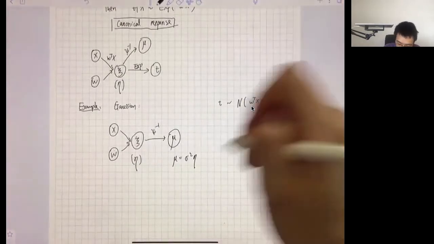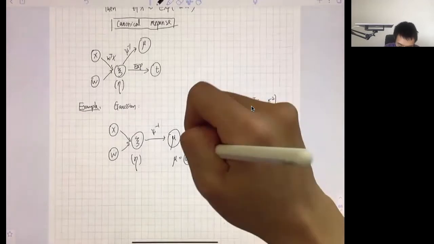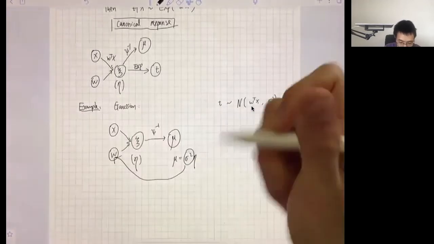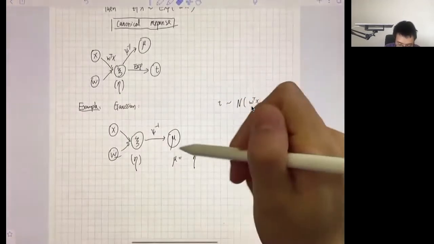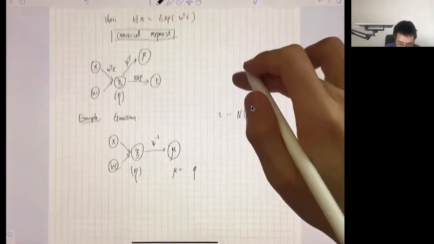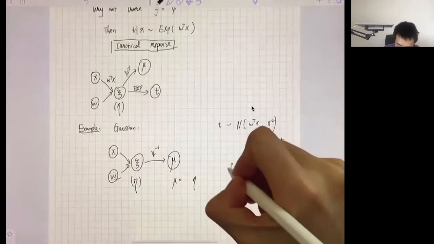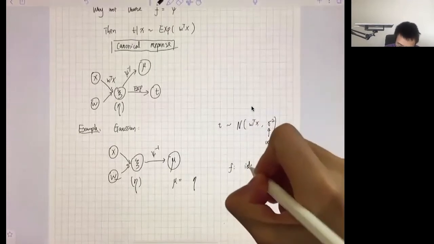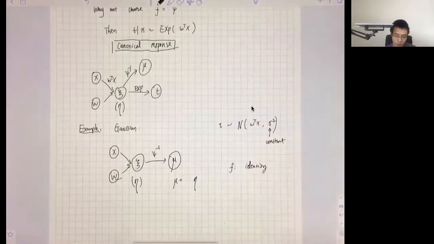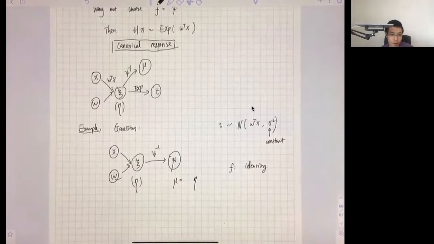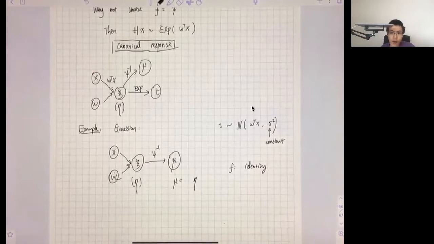Then sigma squared is a constant. Why not absorb my sigma squared into my w? It doesn't change anything. So in this case, I can set my f, the response function for Gaussian, as the identity. Is that clear? You have the feature x inner product with your weights, and then you get the psi, which is also your natural parameter.